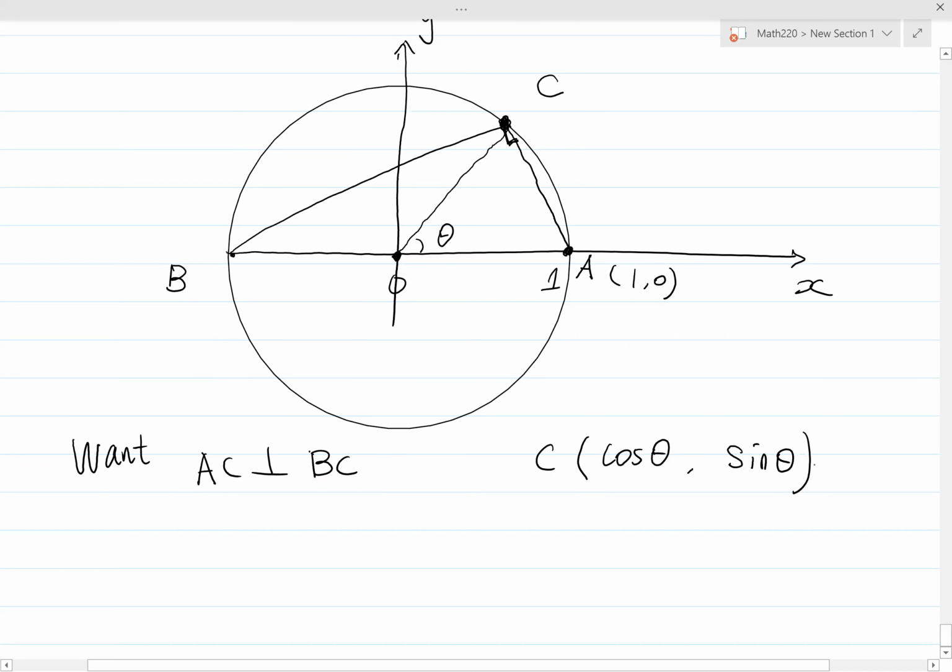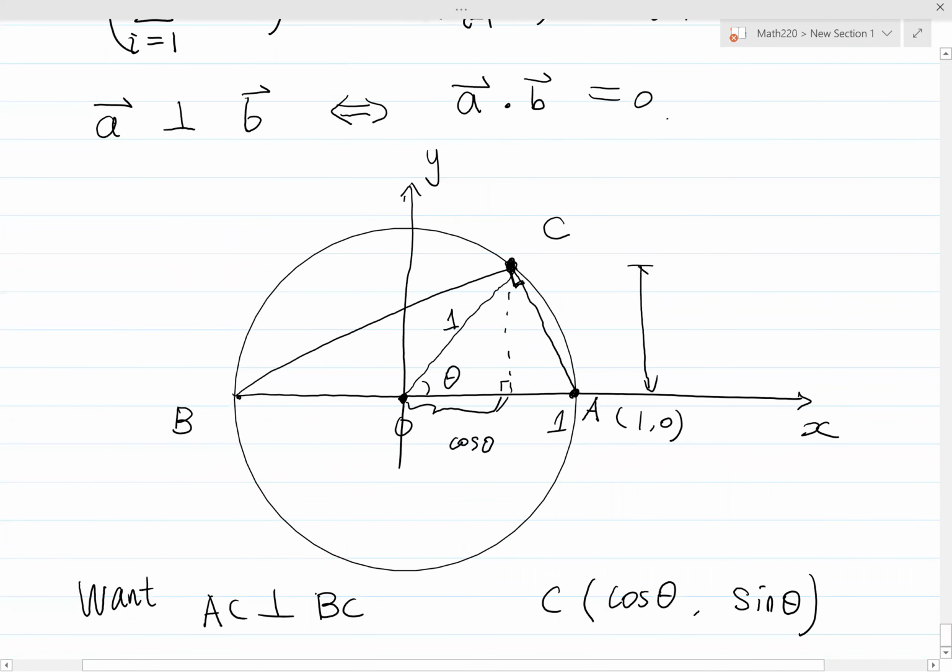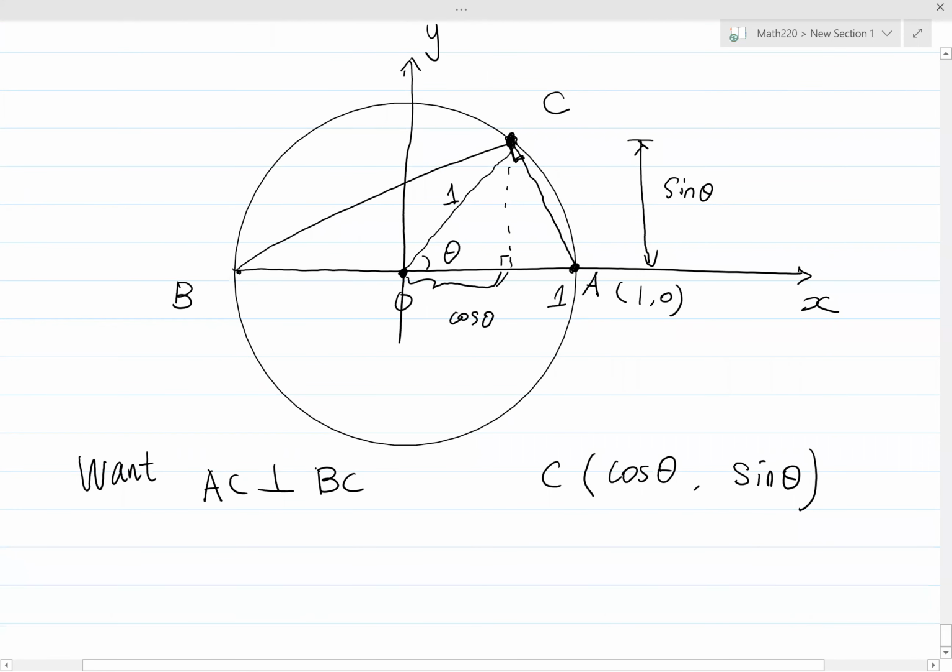You solve the triangle with unit length, then you find the height of C is sine theta, and the x coordinate is cosine theta. Then we can write down the vectors AC and BC.